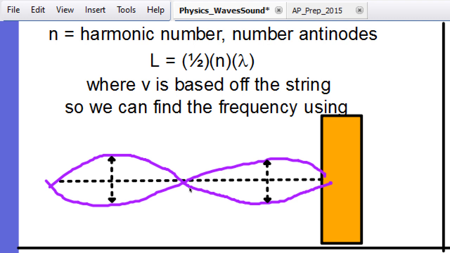But if we know the length, and if we know the n, the harmonic number, the number of antinodes, then we can find the wavelength. So now we have wavelength. We know the speed, because it's based off the string. We can use this equation to find the frequency of this standing wave pattern.